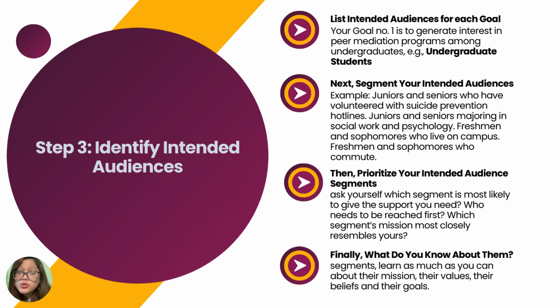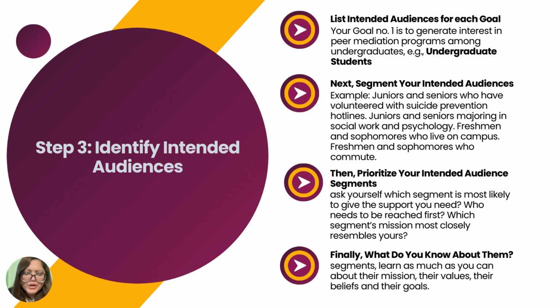Next step, we need to segment it. So, segment your intended audience. For example, the audience is undergraduate students. The example of segmenting is perhaps for this communication goal, our target audience are juniors and seniors who have volunteered with suicide prevention hotlines.